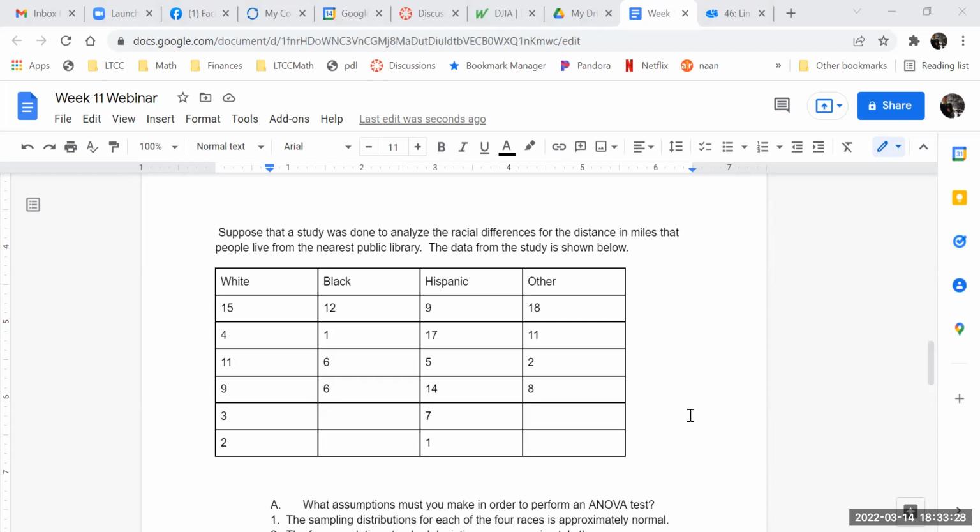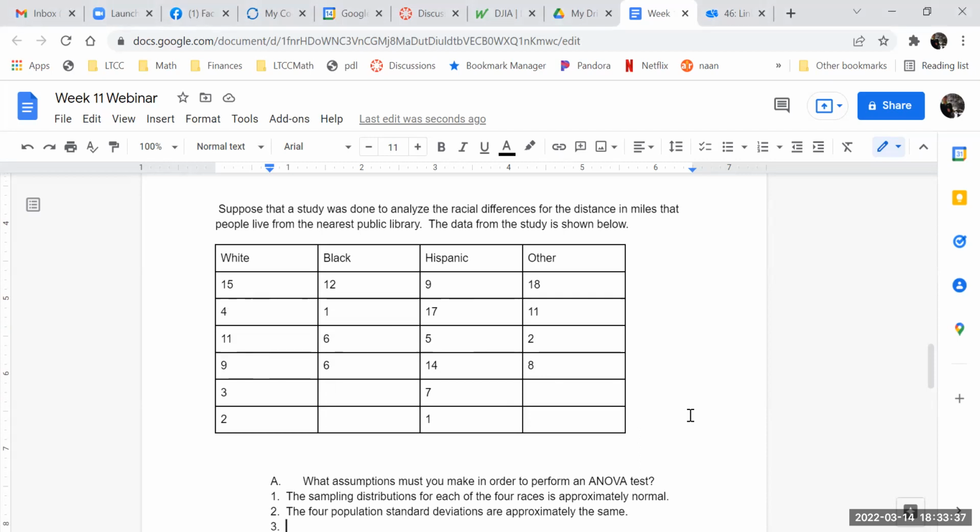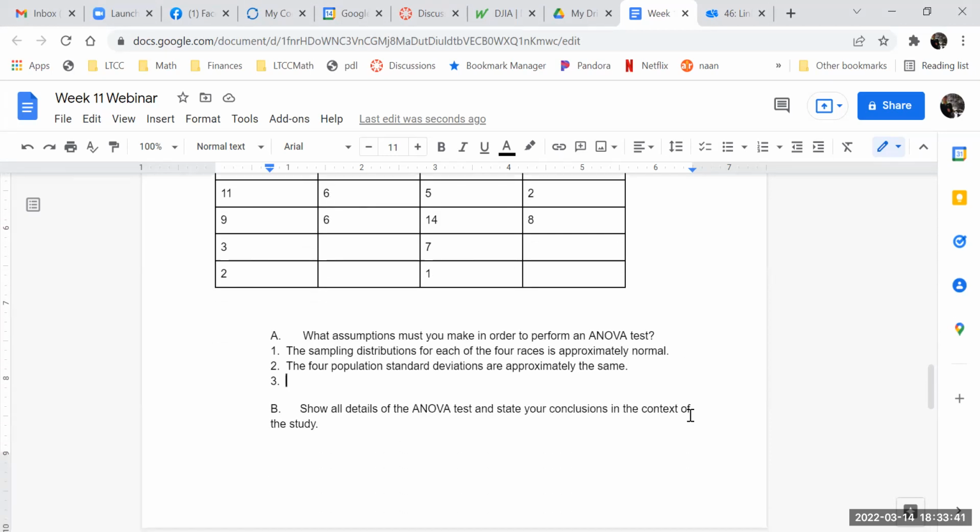There might be no bias. We don't know because it didn't tell us. And if it didn't tell us, then we need to make it as an assumption. Do you see that? Maybe they did a simple random sample. It doesn't say how it was done. So there was no bias in each of the 4 samples.